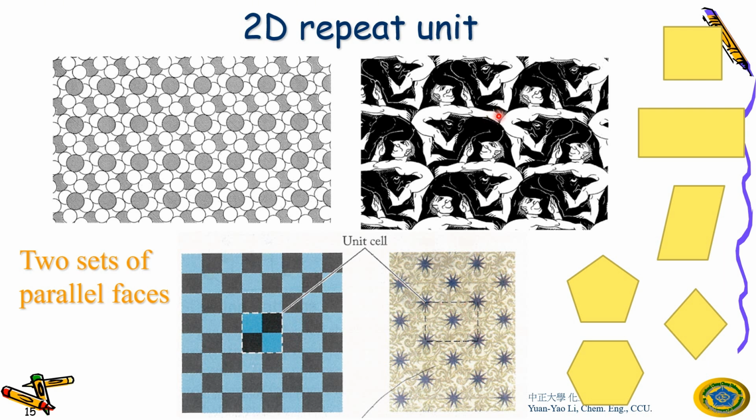How about this one? Can you tell me where the repeat unit is? Okay, how about this one? This might be in your final exam paper or Kahoot next week, right? Okay, so please think of this.